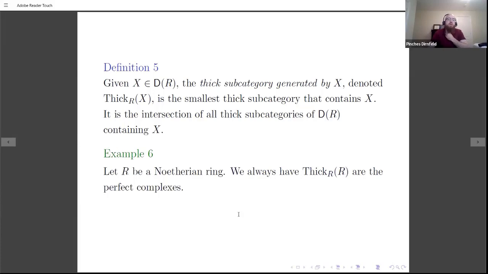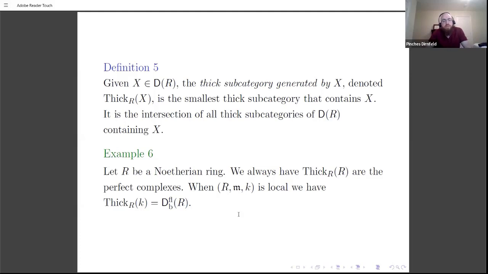So, for example, if you have an Artinian ring, then we always have thick R of the ring itself. These are all the perfect complexes. In other words, these are the complexes of finite injective dimension. When I have a local ring and we have the thick subcategory generated by the residue field, these are complexes with bounded, finite length homology.